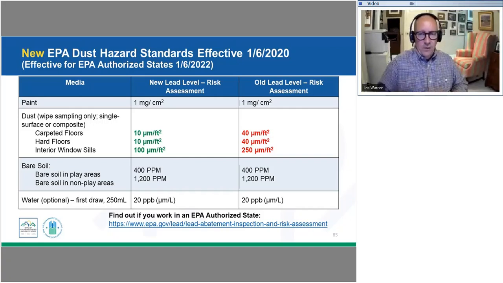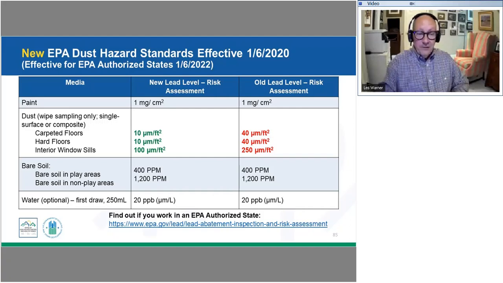And so you can see the old lead levels that were acceptable were higher. They now have been updated. It's 10 micrograms per square foot is our standard for carpeted and hard floors, and then 100 micrograms per square foot for interior window sills.